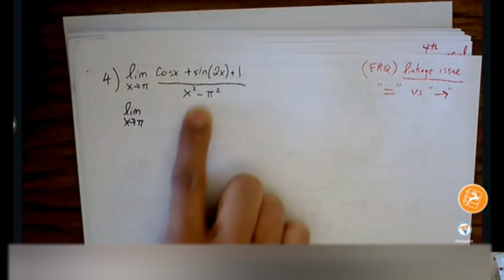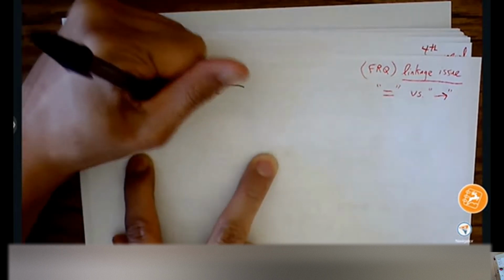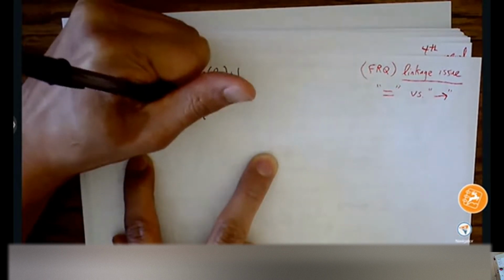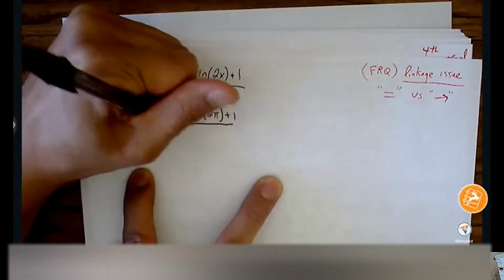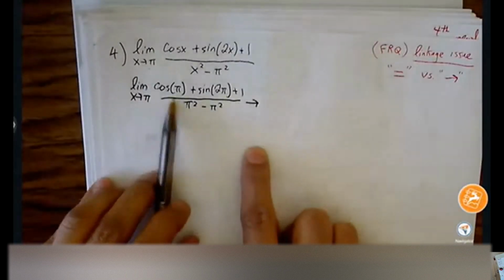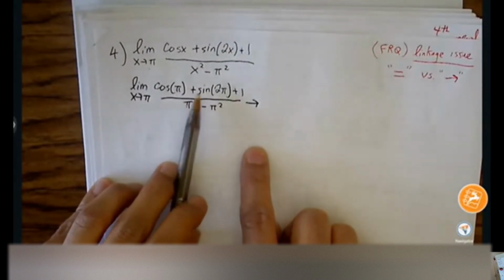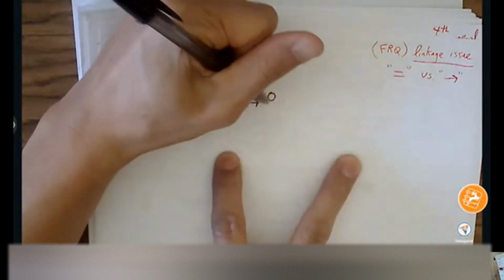Replace all the x's with pi. Okay, arrow. Cosine of pi is -1 plus 0 plus 1. That's going to be 0 over 0.